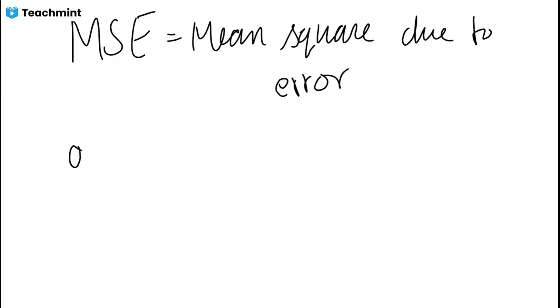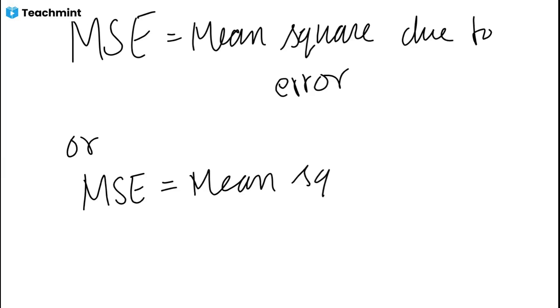Sometimes they can say mean square due to error, or MSE, mean square error. In some books or some material they use this also.